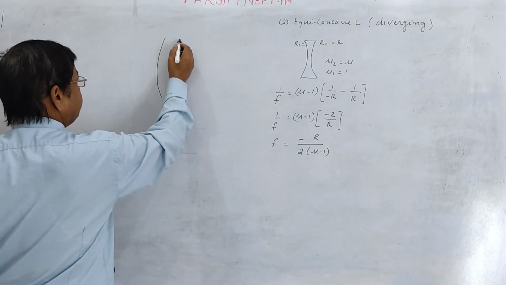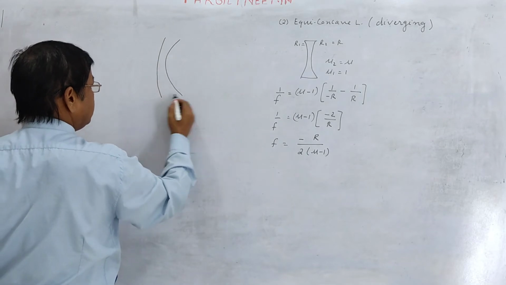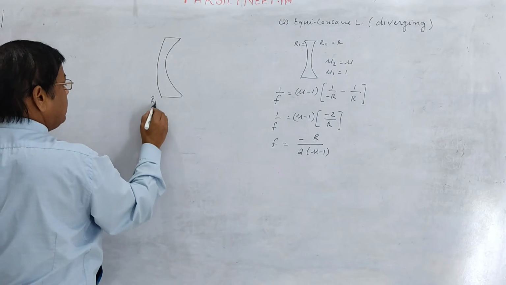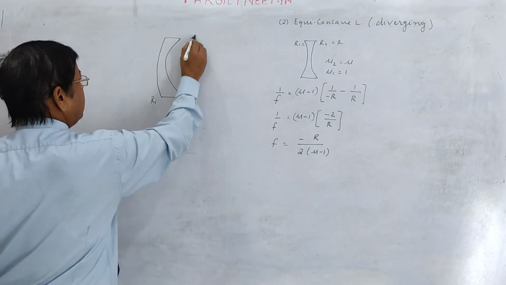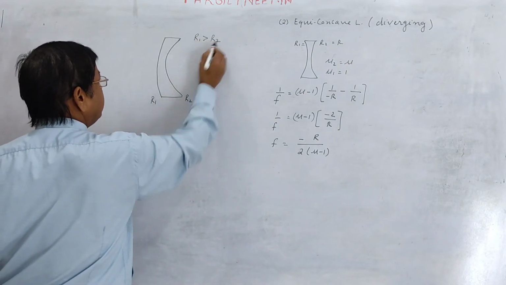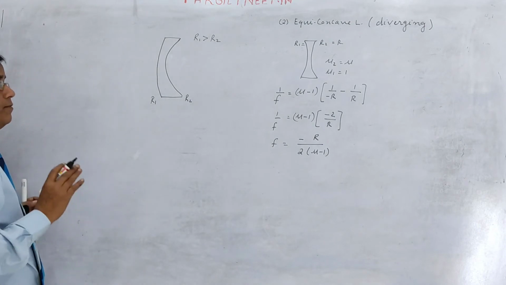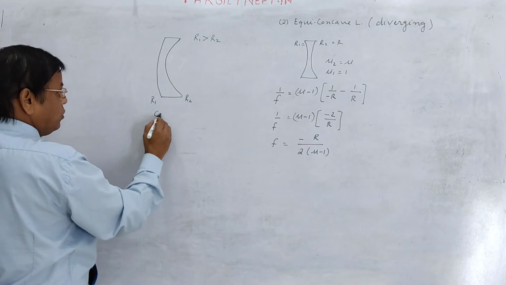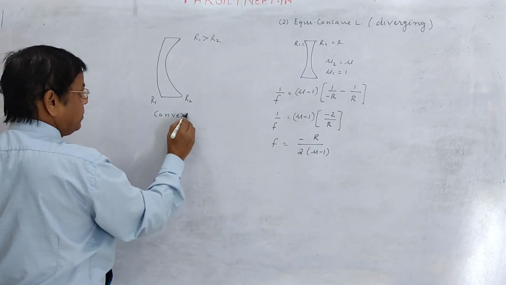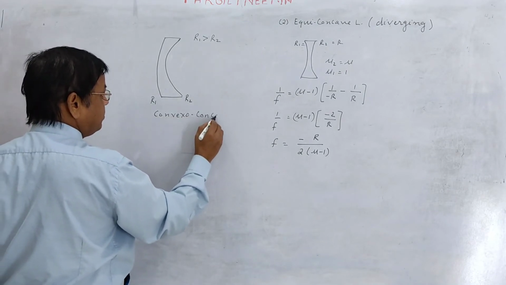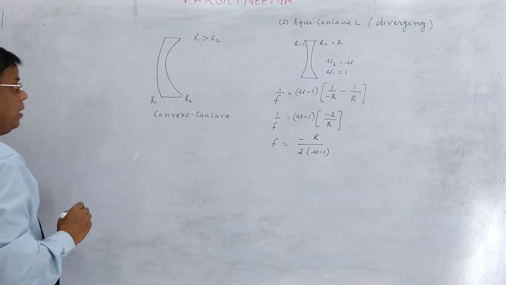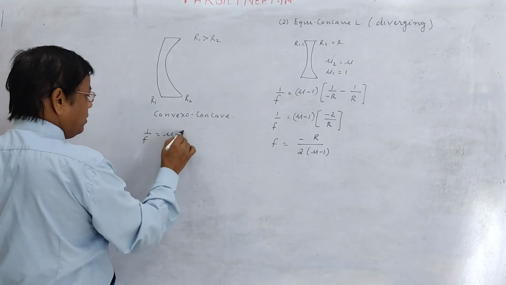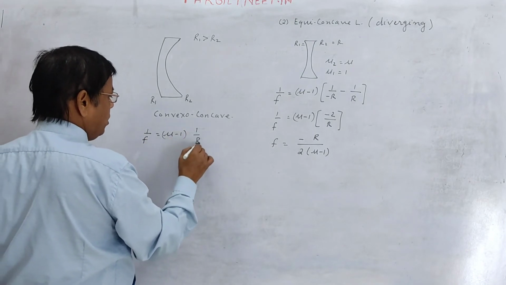See, this lens, R1, R2. Here R1 is greater than R2. It means we have to write the name of the first surface first, then the name of the second surface. So it is convexo-concave. And if you write focal length, 1 upon f is mu minus 1 into 1 upon R1 minus 1 upon R2.